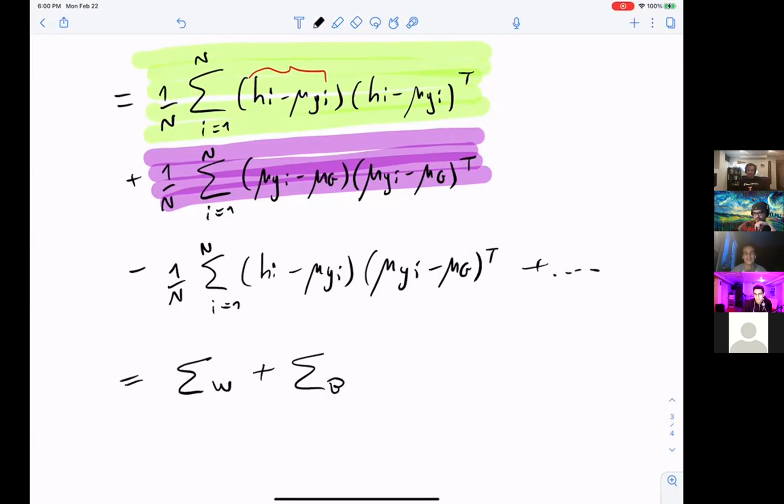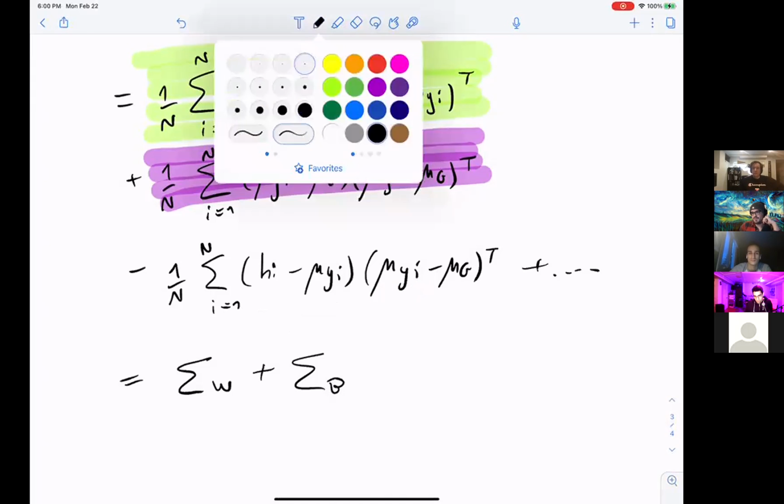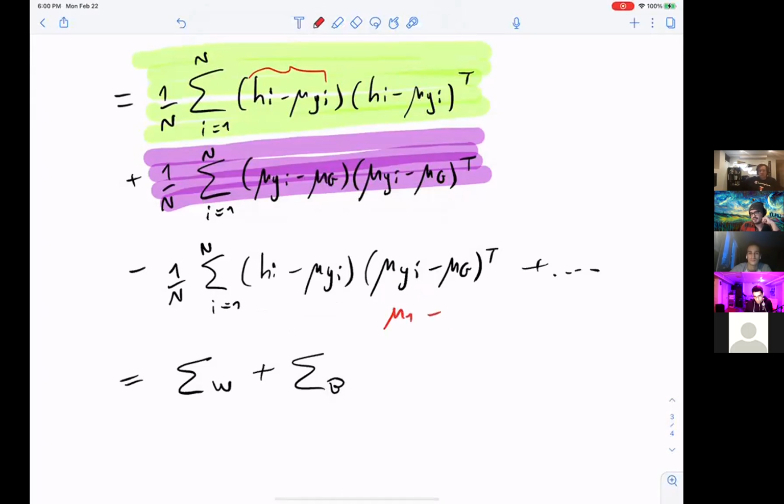So the reason they nullify is that notice what happens if you consider all of this perturbation for, let's say, yi. Let's say you consider all the examples of the first class. Then this thing is just equal to a fixed mu1, and this is equal to mu g. Now, what would happen if you consider all the examples in a fixed class here?